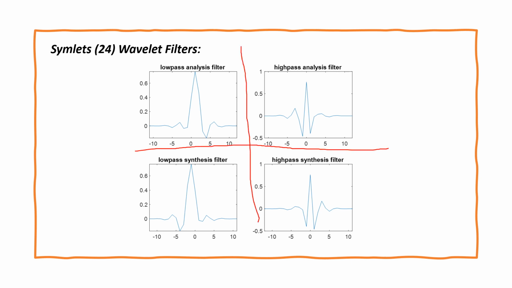As you can see, the low pass analysis filter and the low pass synthesis filter are just mirrored signals of each other. Similarly, the high pass analysis filter and the high pass synthesis filter are mirrored signals of each other. This is H, this is RH. Similarly, this is G and this is RG.